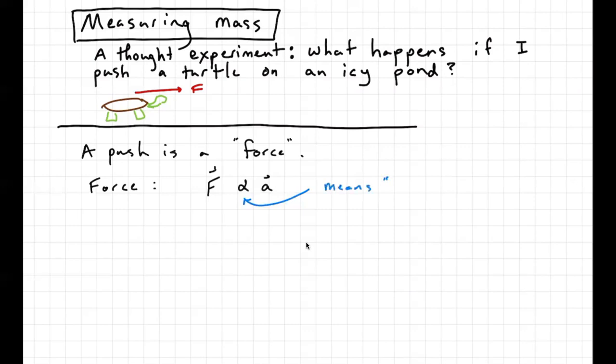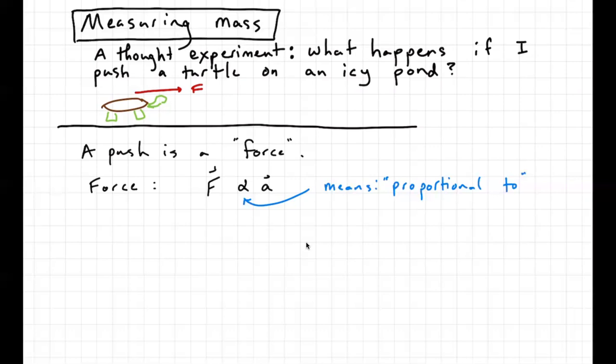So all this means is that the vector force is proportional to the vector acceleration, assuming that force is the only force acting on an object, which we're going to do right now. When you apply force, you cause acceleration in the same direction as your force.